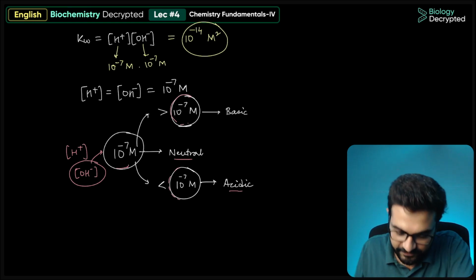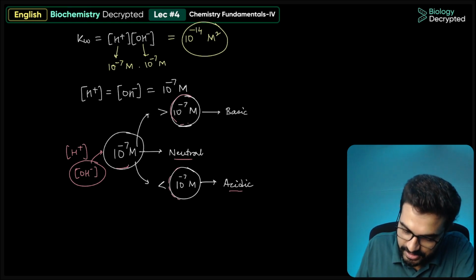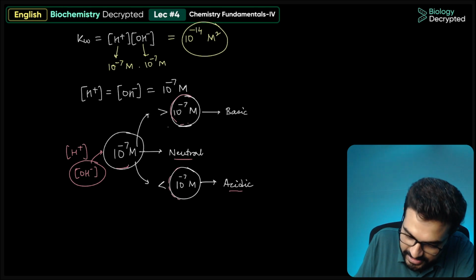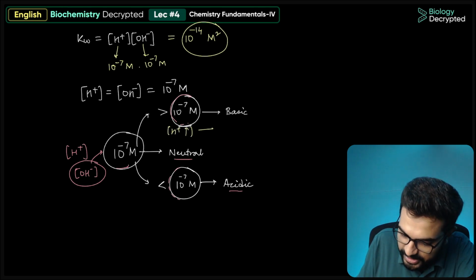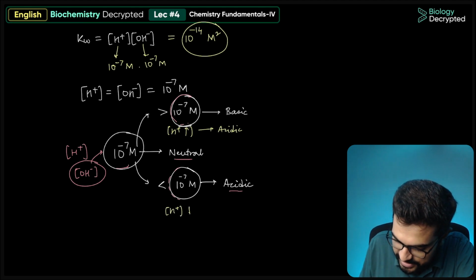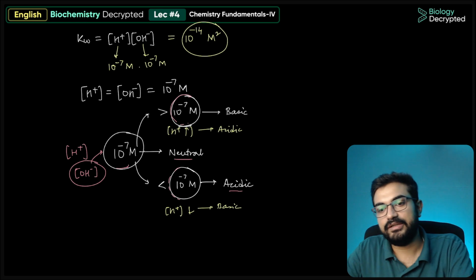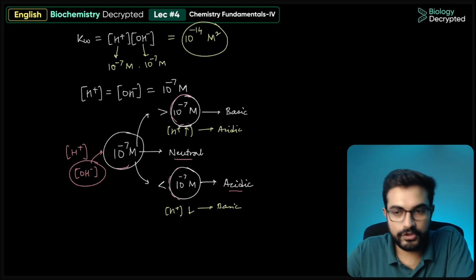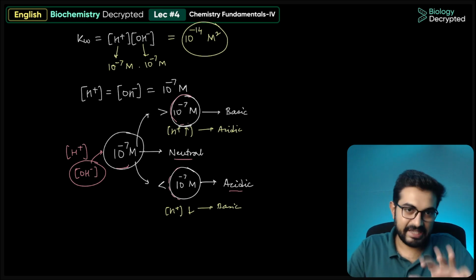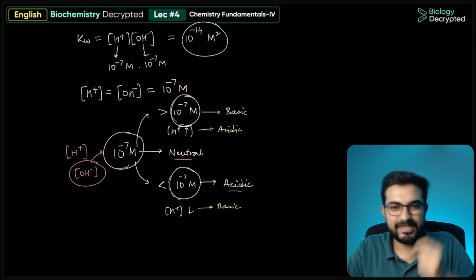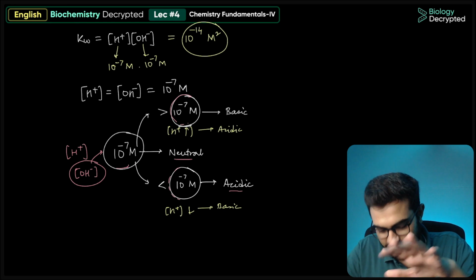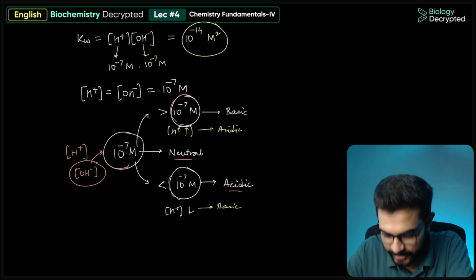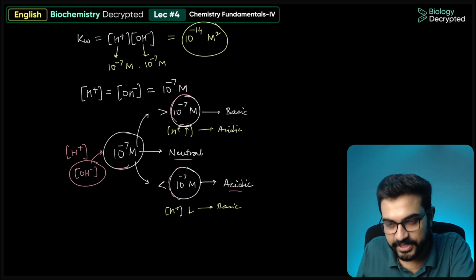If the H plus ion concentration is more, then it will be called acidic, and if the H plus ion concentration is less, then it will be called basic. This is the overall concept. I just corrected myself because I somehow told you something wrong, so pardon me for this.